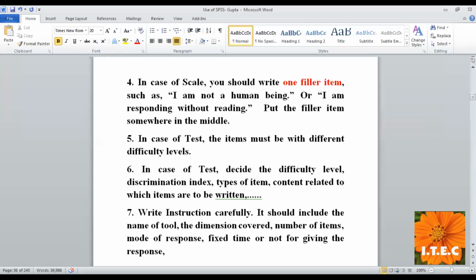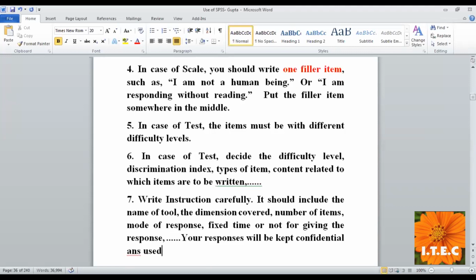So like this you can give, and then you should write that your responses will be kept confidential and used only for research work.